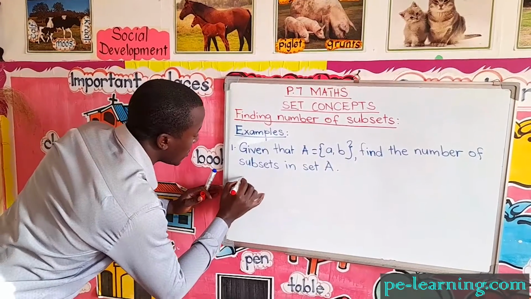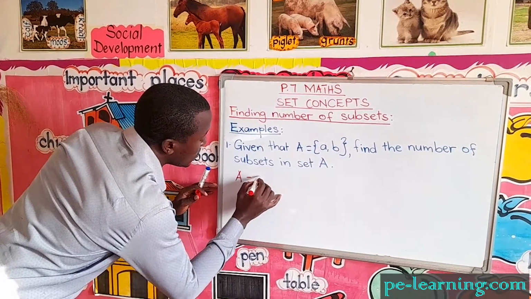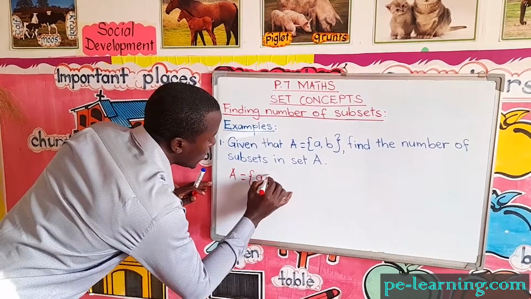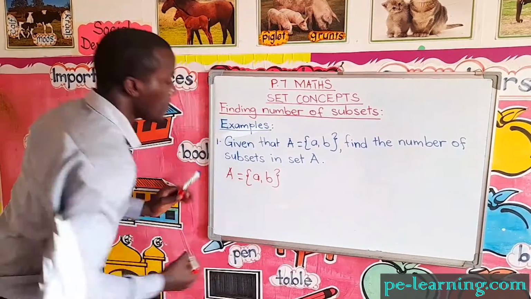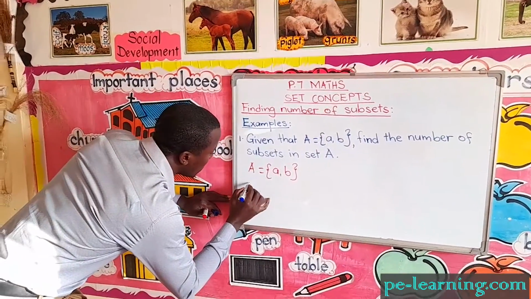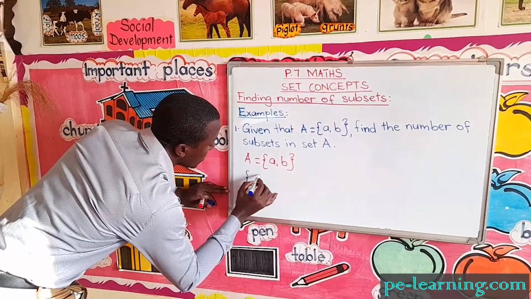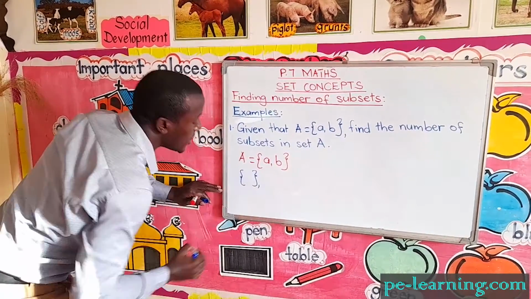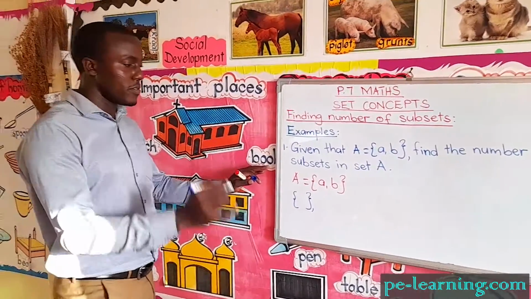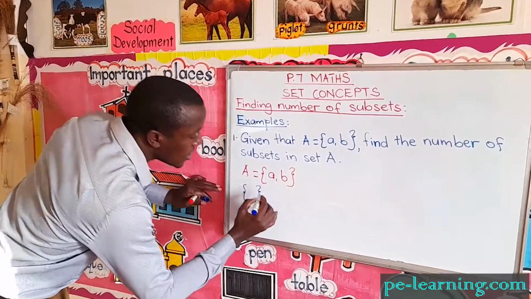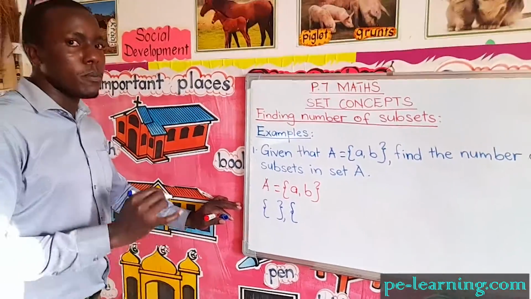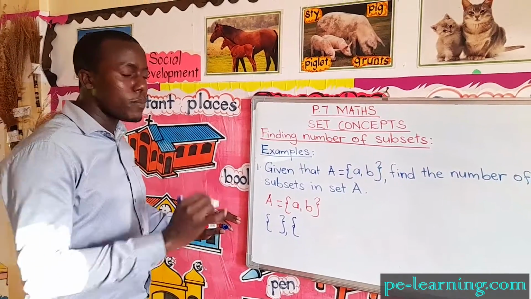I have my set A equal to {A, B}, my two elements. The first subset here is going to be the empty set, because I have said that an empty set is a subset of any given set. Then each member forms a subset.